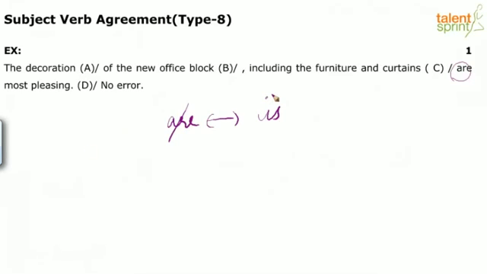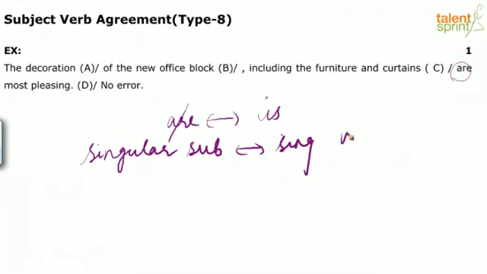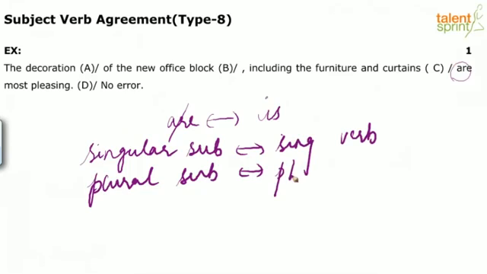I want to know why, because you know for sure that a singular subject takes a singular verb, correct? And a plural subject takes a plural verb, isn't it?